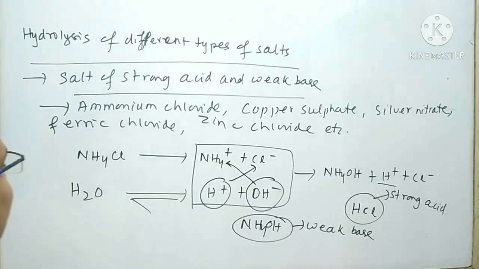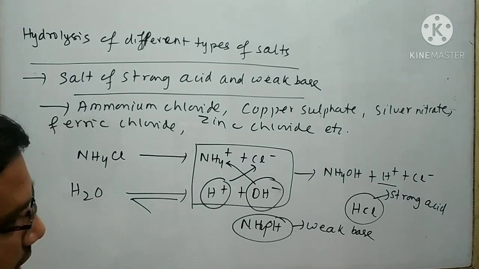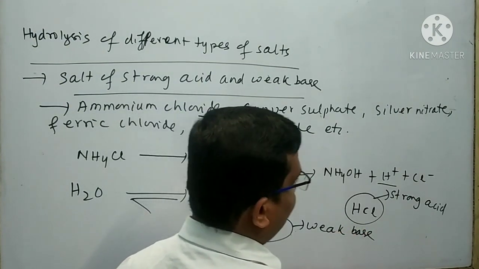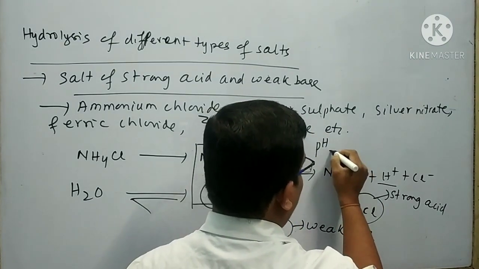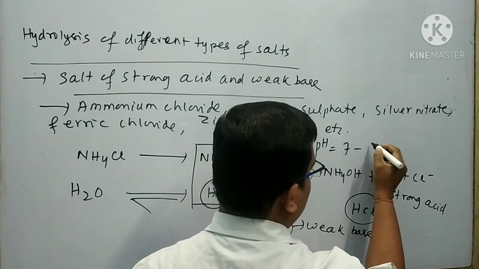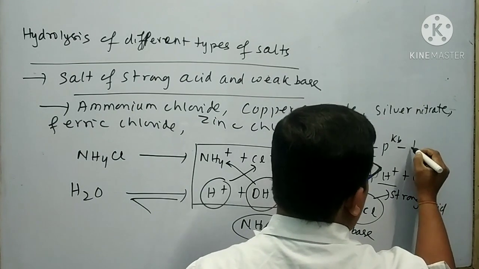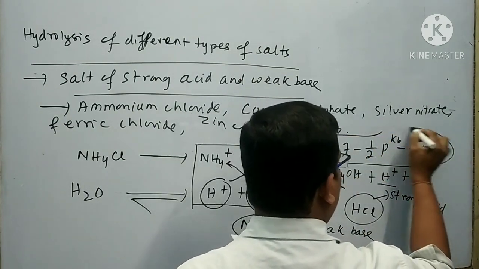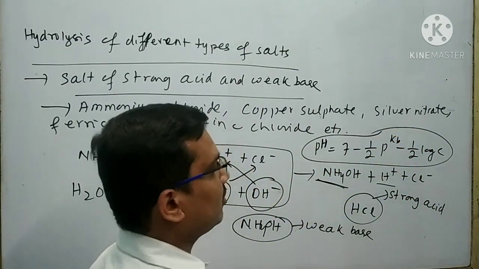That means we concluded that on hydrolysis of salt of strong acid and weak base, an acidic solution is formed, and the pH of such type of acidic solution is calculated by the formula, that is pH equal to 7 minus 1 by 2 pKb minus half log C. This is the formula for the calculation of pH of such type of acidic solution.